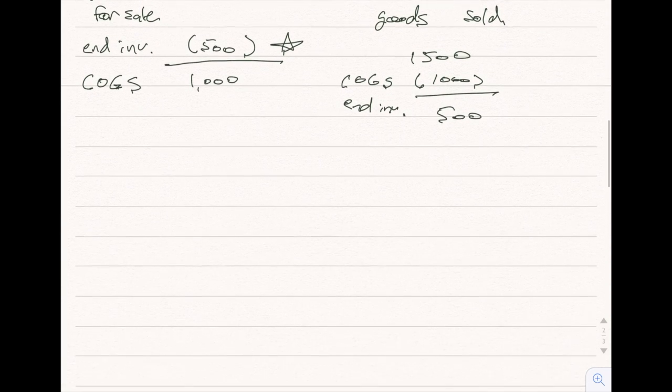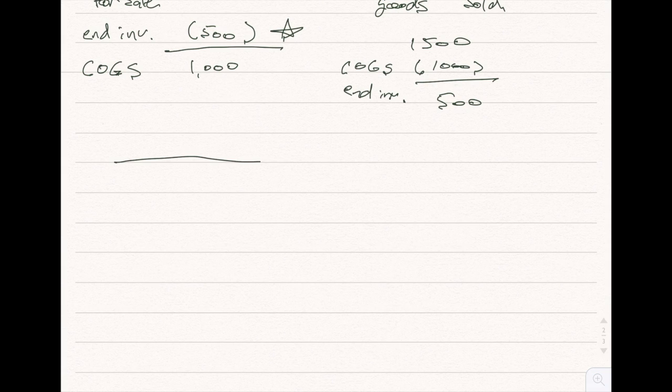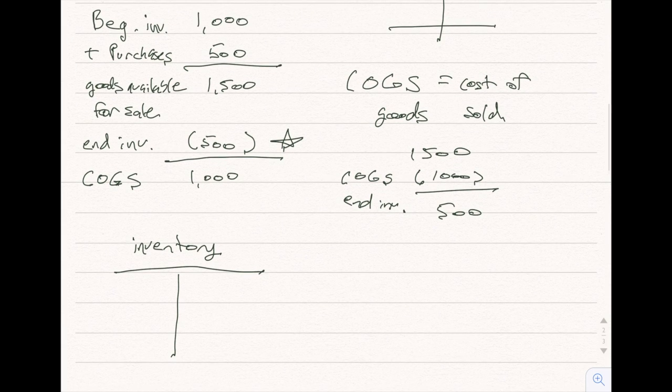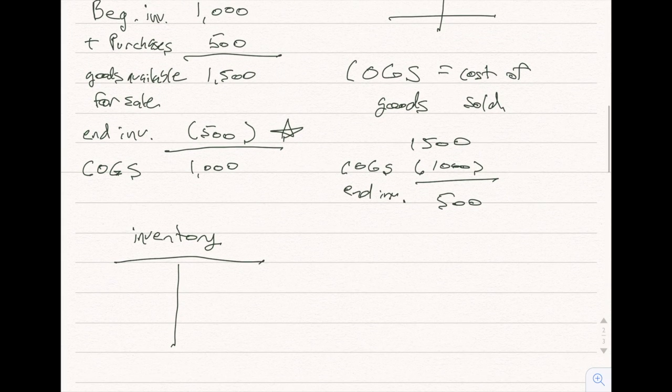And actually, let's start with the T account. So inventory, remember inventory, we're in the merchandising context here. So you are purchasing from a wholesaler or some other supplier. You're purchasing inventory, finished goods, and you're reselling them for a profit, okay? So we said that at the beginning of the month or the beginning of the year, you already had $1,000 worth of inventory, okay?